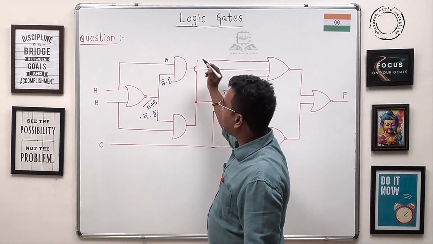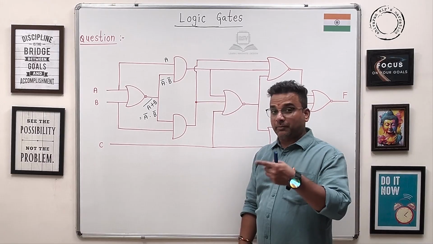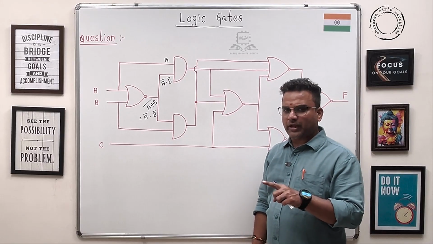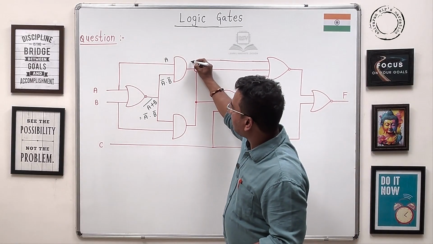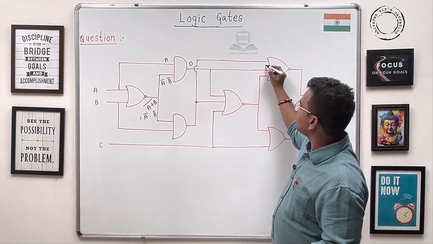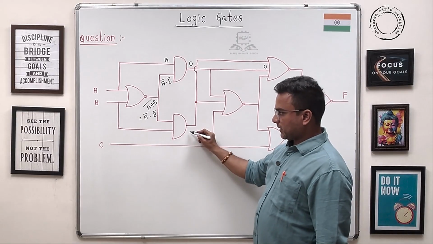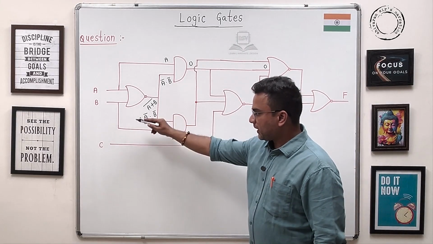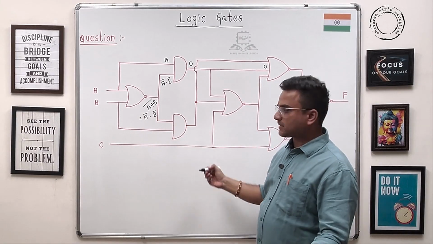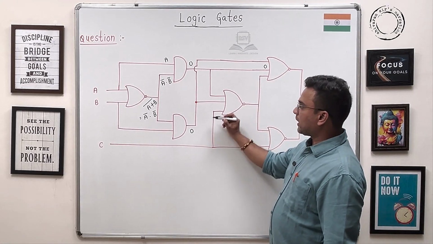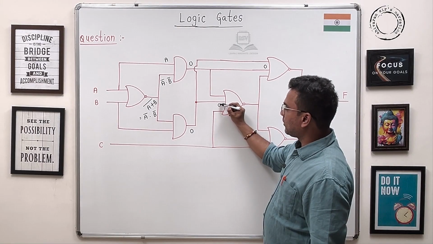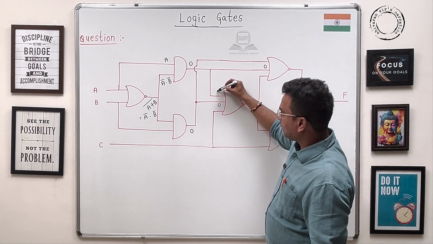Now guys, this AND gate output, A into A bar into B bar, A into A bar, 0, 0 into B bar, 0, you'll get 0 here. This is 0. Similarly here, A bar into B bar into B, B into B bar, 0, this will be 0, right? So now here, this is 0, even this also 0.